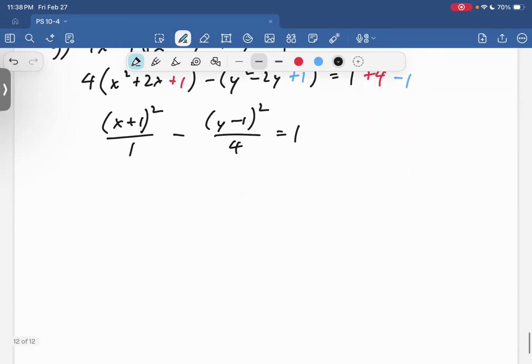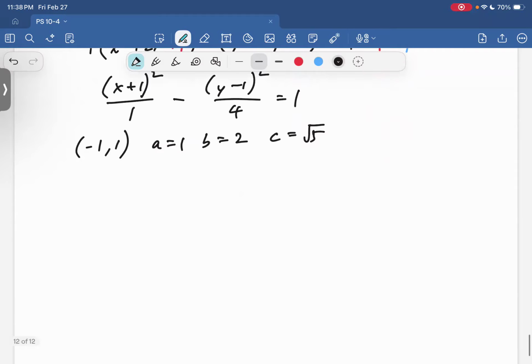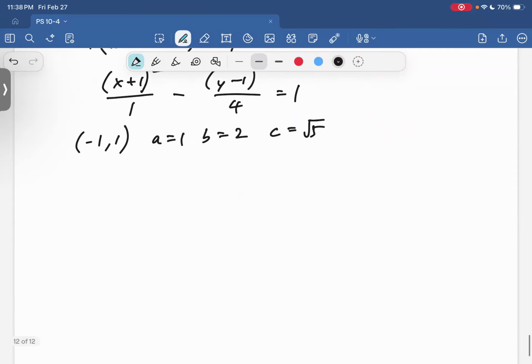So my center is at negative 1, 1. A is equal to 1. B is equal to 2. And C is equal to root 5. This is horizontal once again.